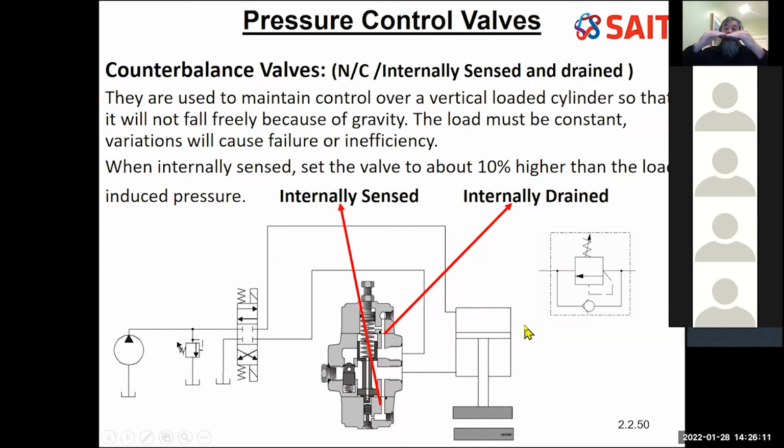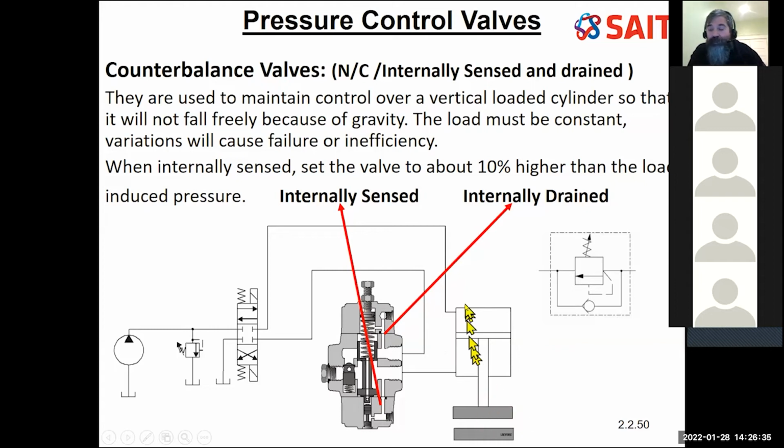We need to bring it up there and we want to lock it in place so that we don't have to waste any energy continually running the machine. And you'll see this. The guys are up there, they're working on some electrical, and the machine's turned off. No energy getting wasted. It's held in place using a counterbalance valve.